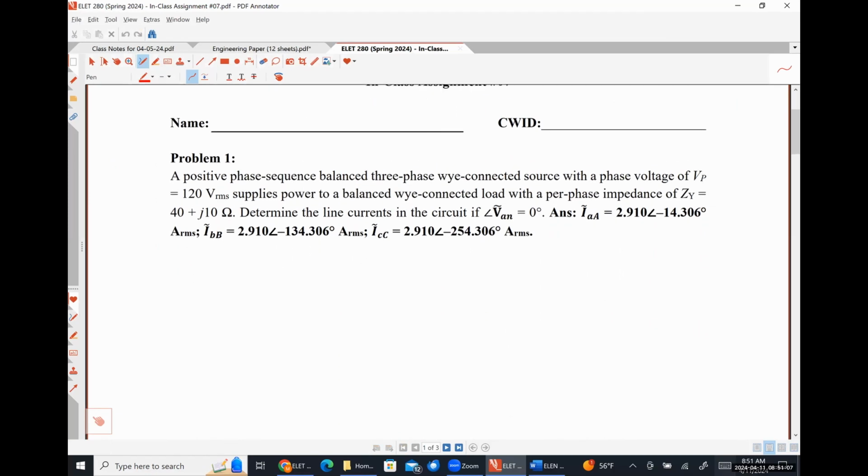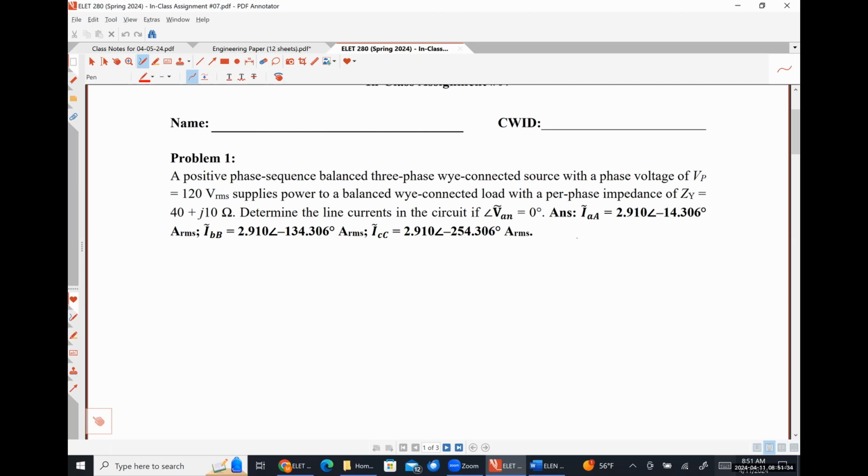So in our first problem, we are told that we have a positive phase sequence balanced 3-phase Y-connected source with a phase voltage of 120 volts RMS in magnitude. And it supplies power to a balanced Y-connected load with a per phase impedance of ZY is equal to 40 plus J10.